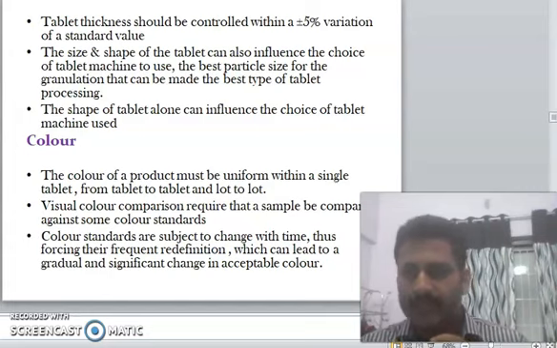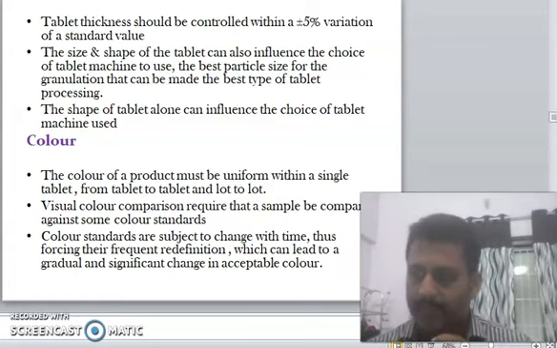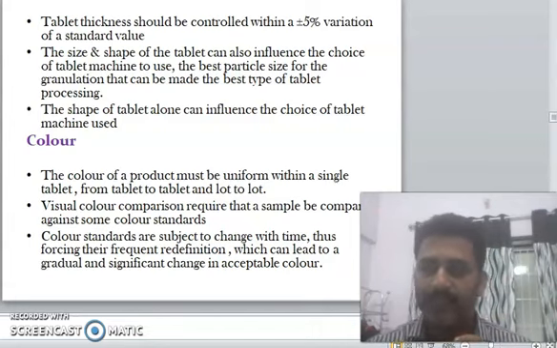The size and shape of the tablet can also influence the choice of the tablet machine to use. The best particle size of the formulation can make the best type of tablet processing. The shape of the tablet alone can influence the choice of the tablet machine.